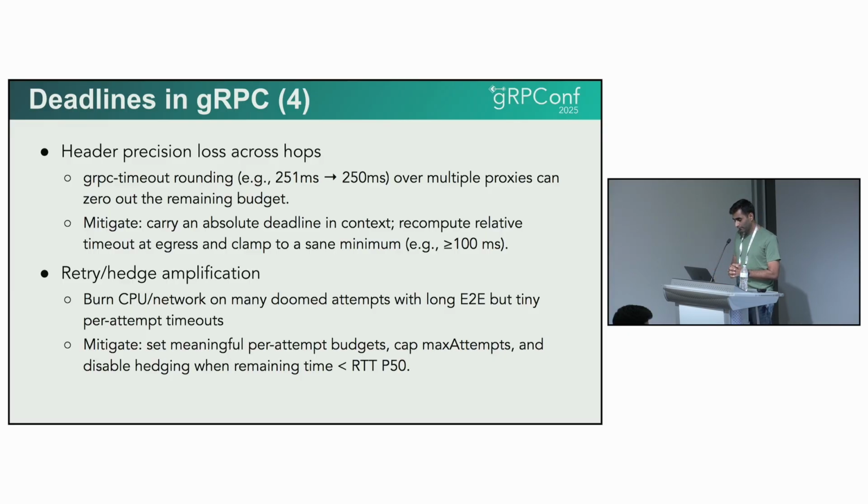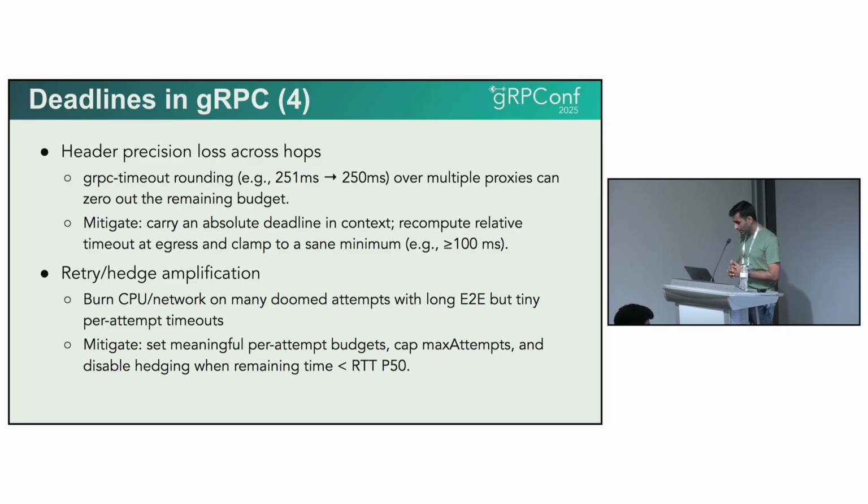The way to fix this is, first, to set meaningful per-attempt budgets. We have to make sure that we are giving each request an ample amount of time to succeed, otherwise it will just fail. We can also cap the maximum number of attempts that the service makes, so that your system doesn't keep retrying infinitely.